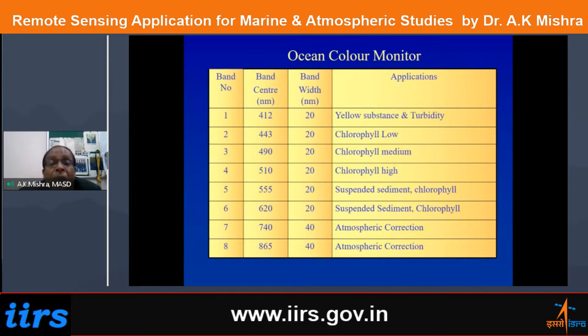The 550 nanometer band is used as a hinge point for pigment index generation, and 550 and 620 are both used for determination of suspended sediment. 740 nanometer and 865 nanometer are used for atmospheric correction.